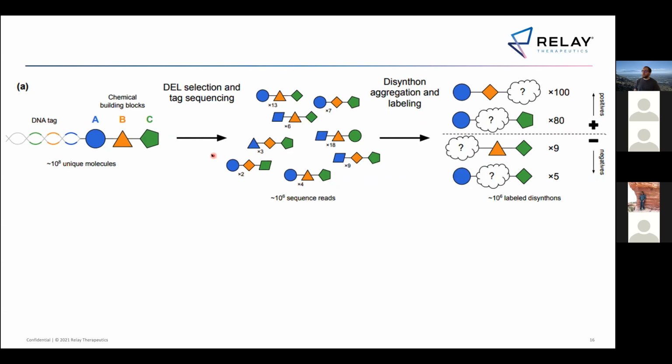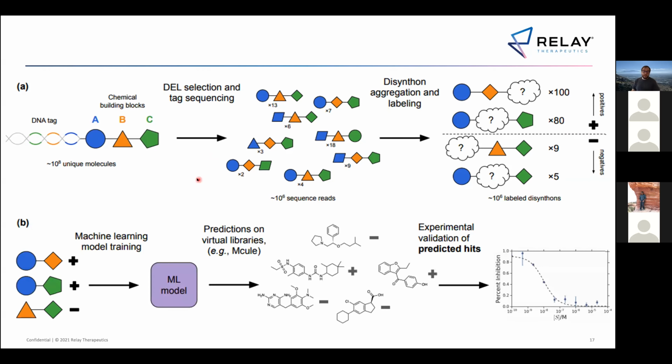And when we started working with them, the first thing we did was gather these disynthon compounds, assign labels to them, and then build a model to try to predict whether a disynthon would be enriched or not. Now, we built a couple types of models here.